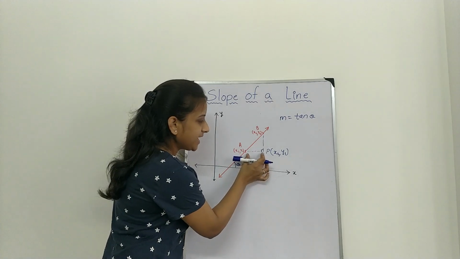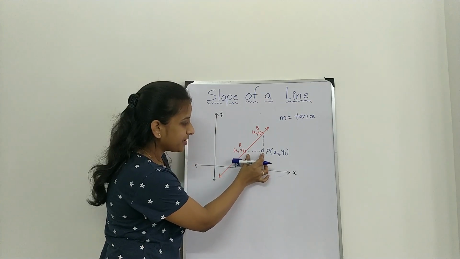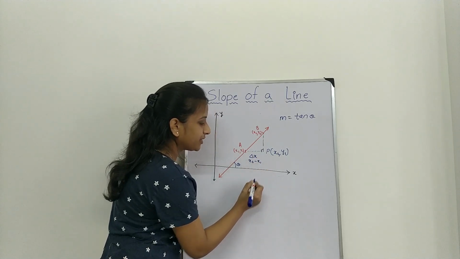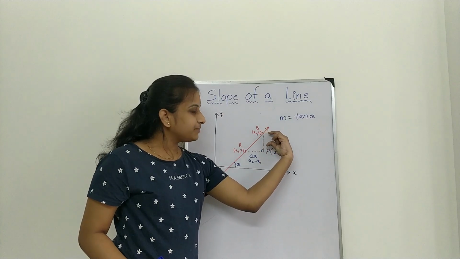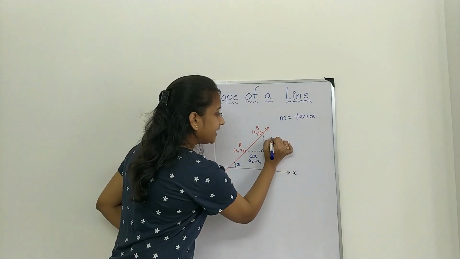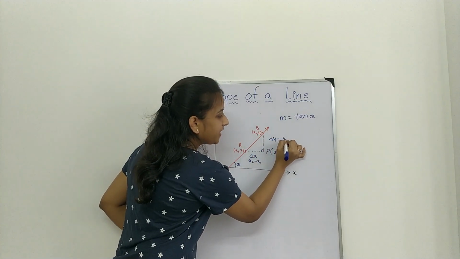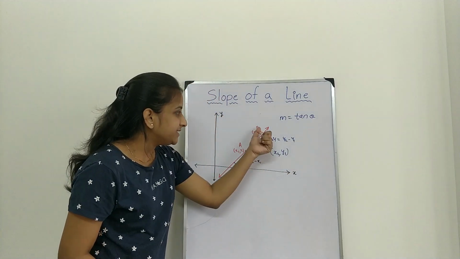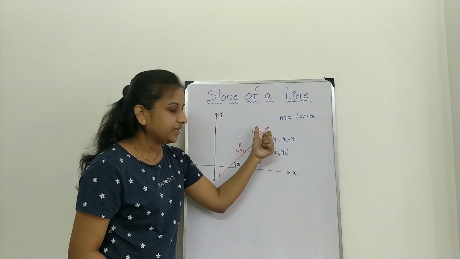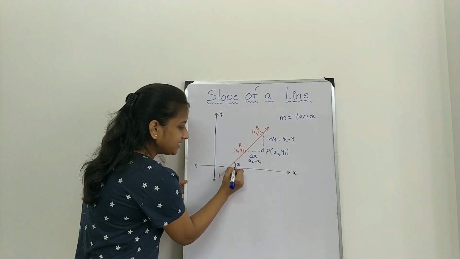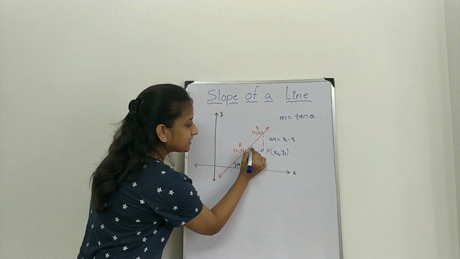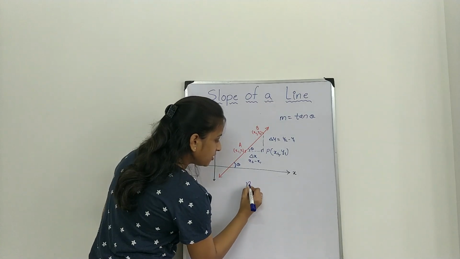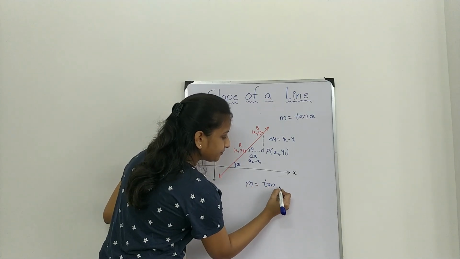Now this AP length is nothing but delta x, x2 minus x1, and BP length is nothing but delta y, y2 minus y1. Now in this triangle APB, if this angle is theta, then this angle is also theta. So slope is nothing but tan theta.